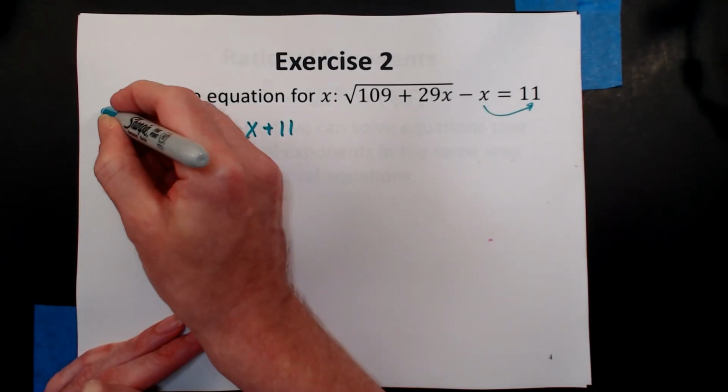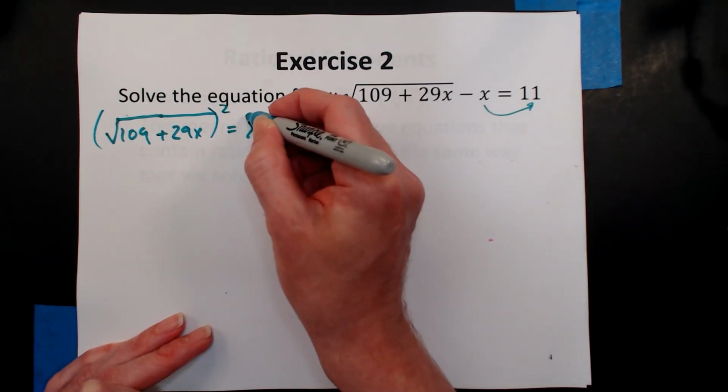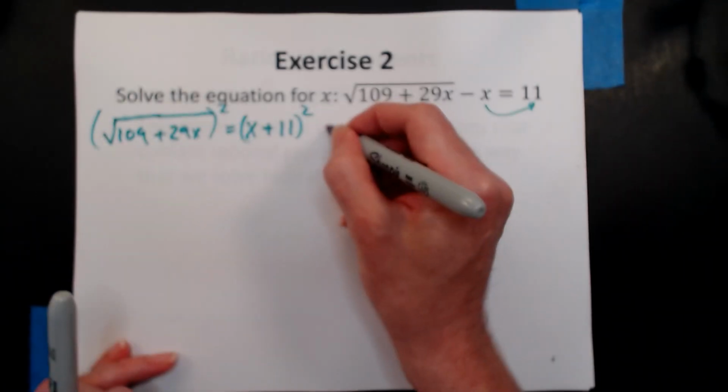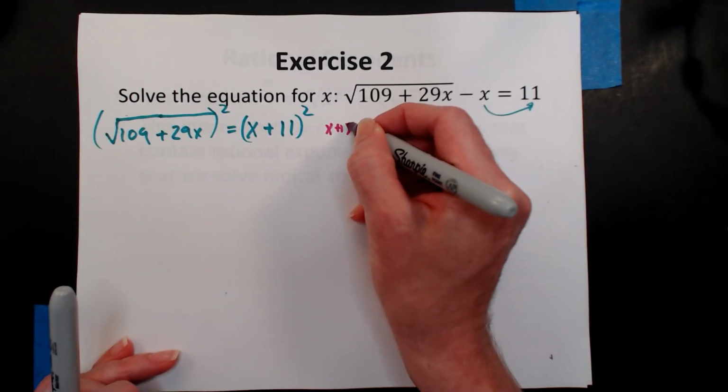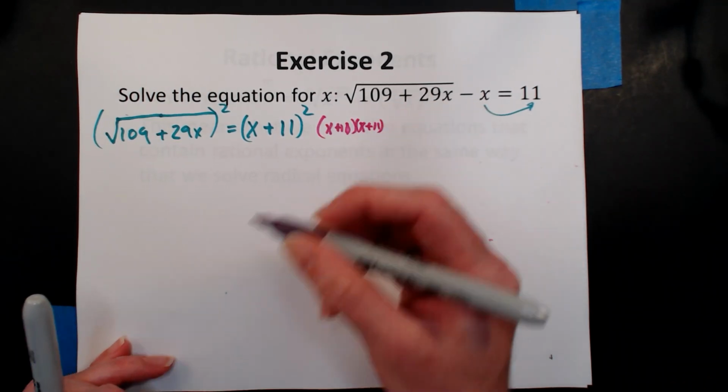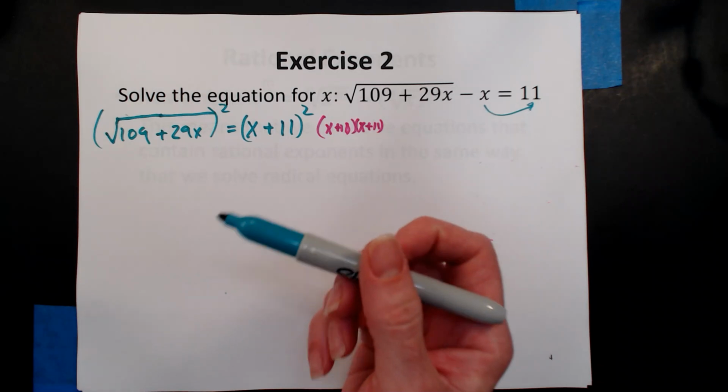Once again, I want to square both sides to get rid of that square root. And squaring it, remember we're going to have to multiply x plus 11 times x plus 11. Foil that out, just as a note.